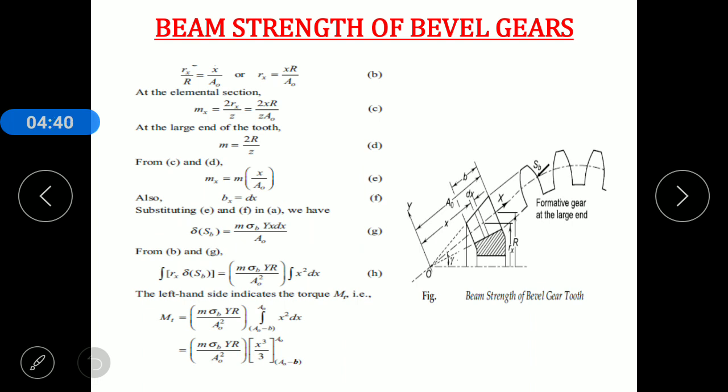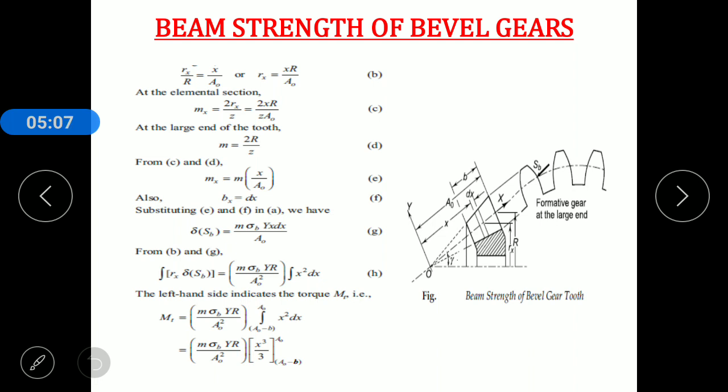Here we get a radius, and by using the radius we find the module. At the elemental section, mx is equal to 2rx divided by z. From equation B, we substitute the value of rx in this equation, and we get mx is equal to 2x capital R divided by z AO. Consider equation C.